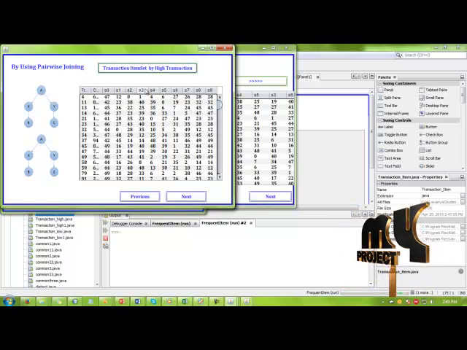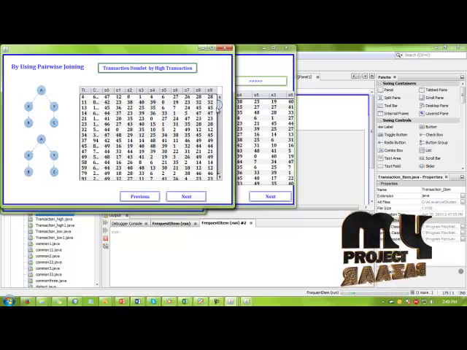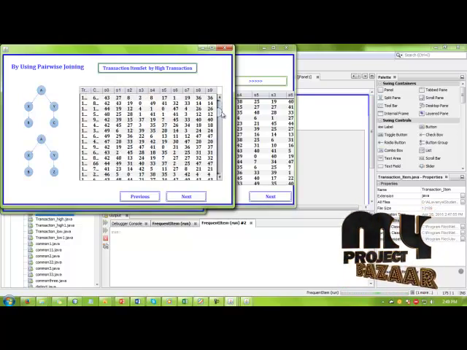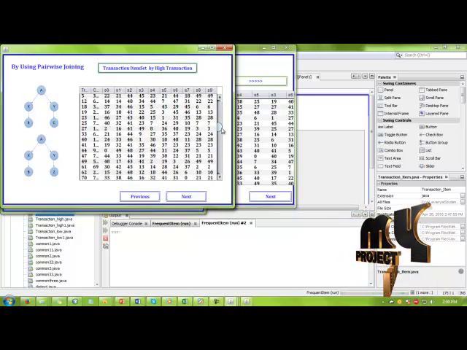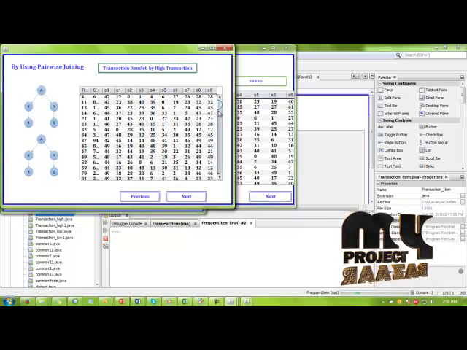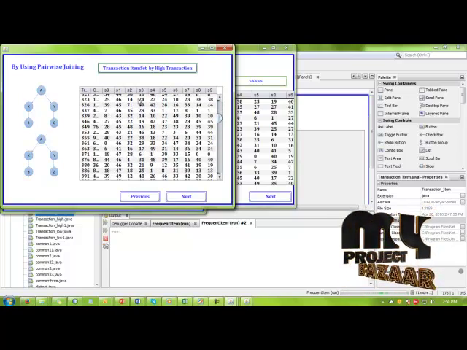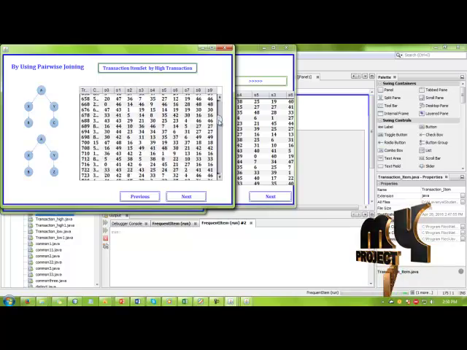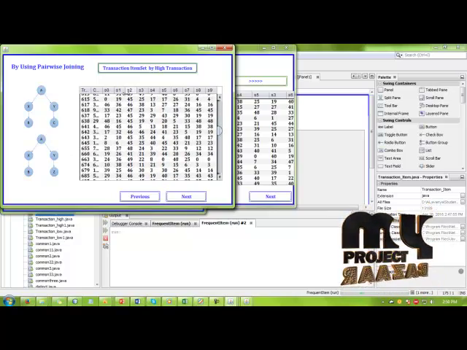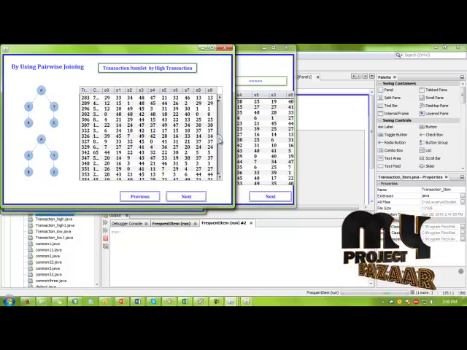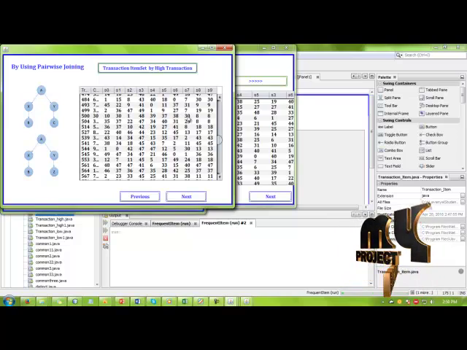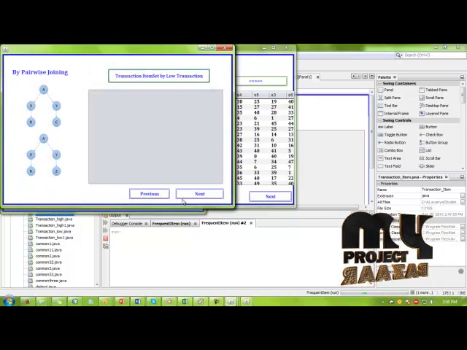Here we find the high transaction item set, the high transaction for each item. Initially we find for S0, and after that for S1, and then S2, and then S3. Likewise, we find the high transaction for each product.